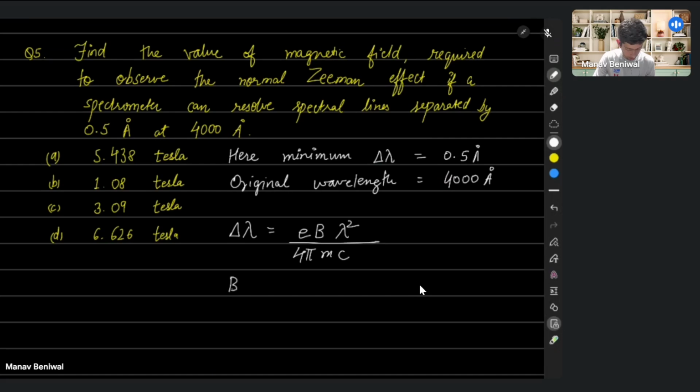So we can write B as 4 pi m c delta lambda over e lambda squared. Okay, so this is the equation that we have now. So let's plug in the values.